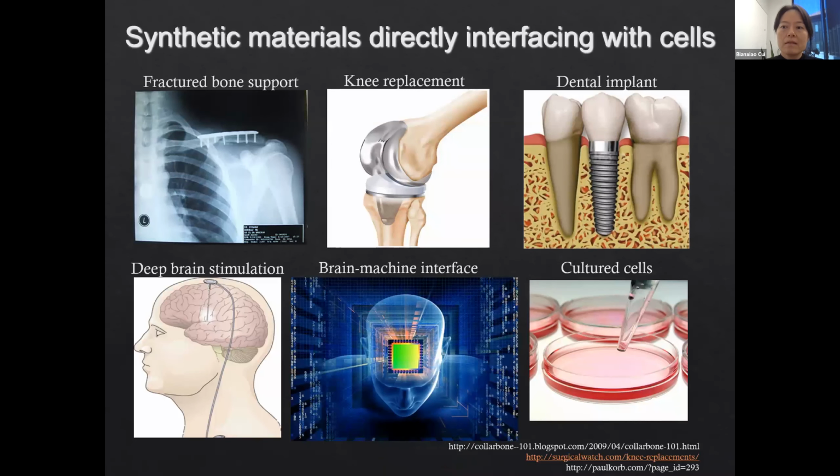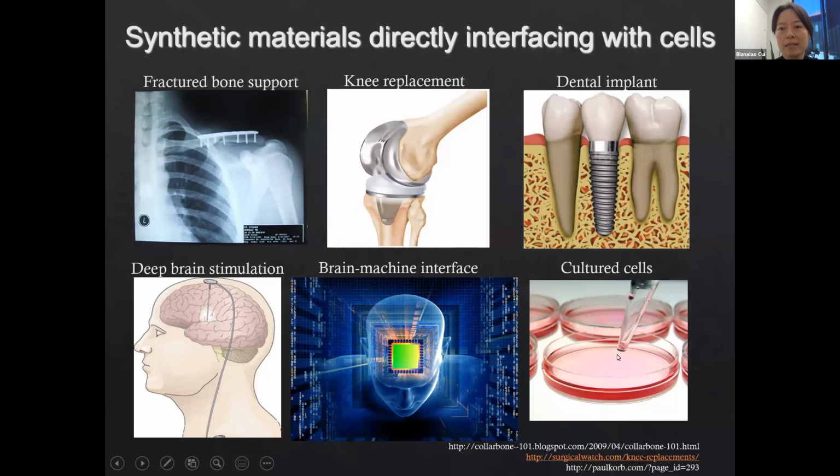In many situations, in health and in disease, we encounter cells directly contacting synthetic materials. That includes bone implants, like a titanium bone implant, knee replacement, a dental implant, and more recently deep brain stimulation, where you need an electrode implant or brain machine interface directly contacting neurons.